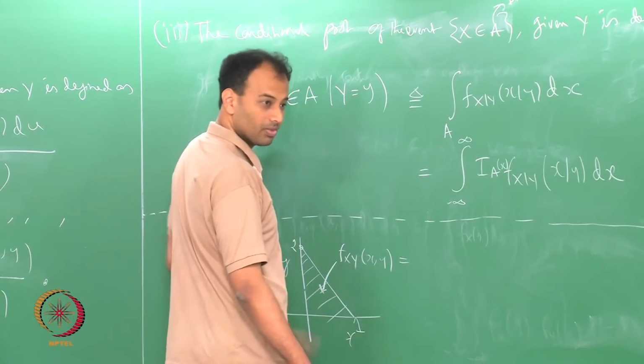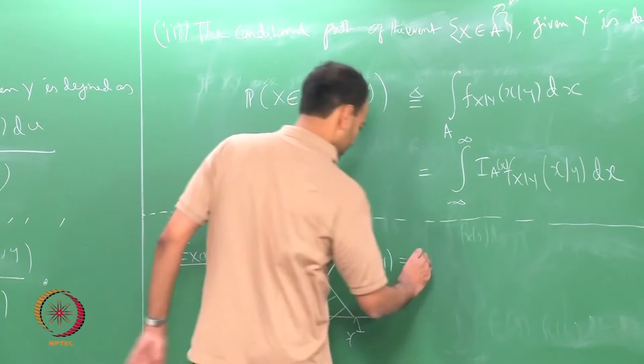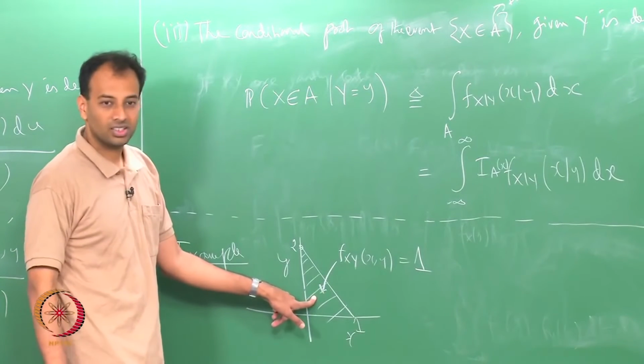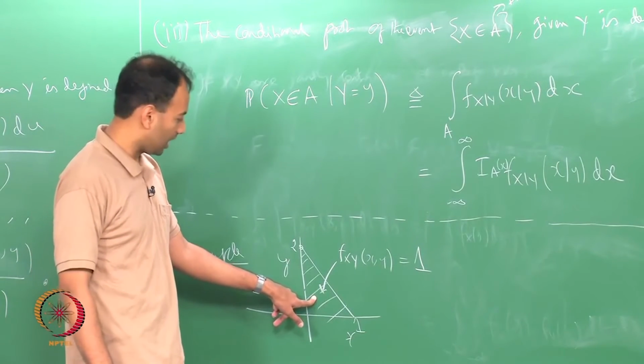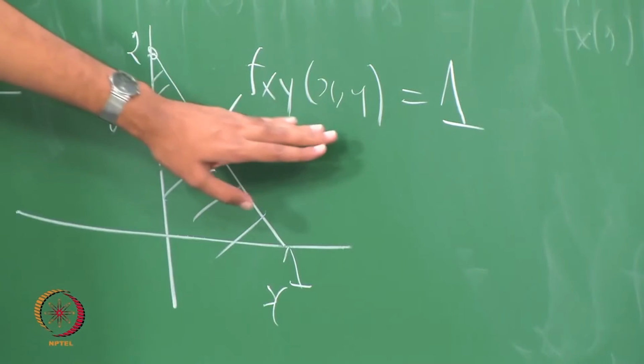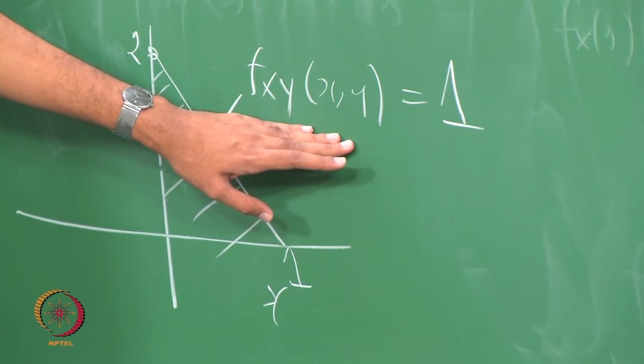The area of this triangle is 2, yeah, so it should be 1, for x y lying inside this triangle and 0 everywhere else. So, I have described my joint probability density function.